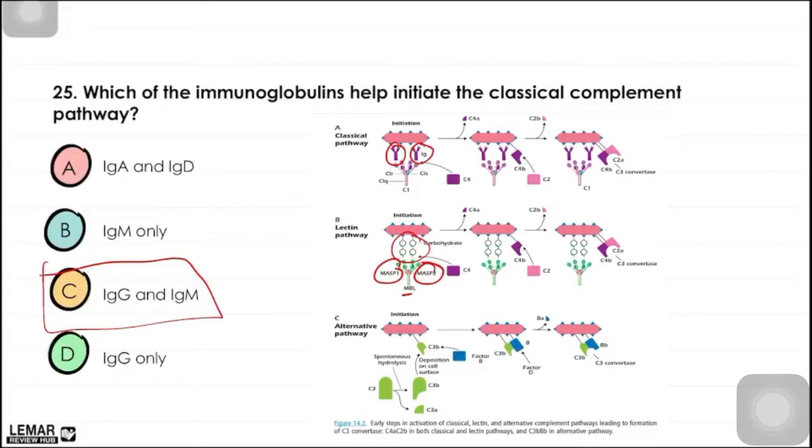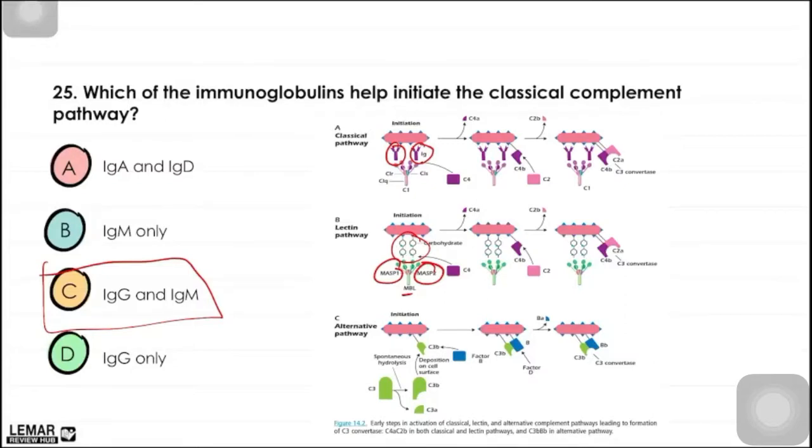C4b2a is also formed in the classical pathway. It is the C3 convertase that cleaves the next component in the pathway, which is your C3.